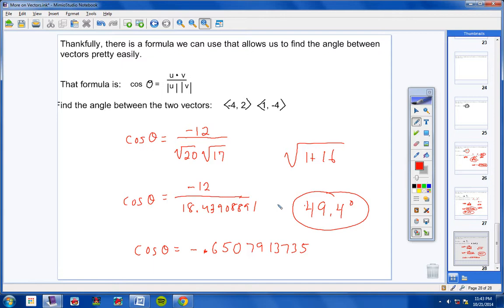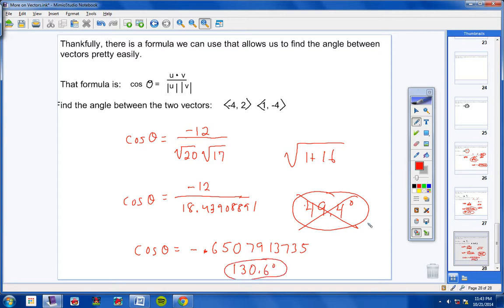Alright, let's see if we can do this here. Alright, there we go. There we go, 130. I'm getting 130.60. So 130.6 degrees. Okay, sorry about that.